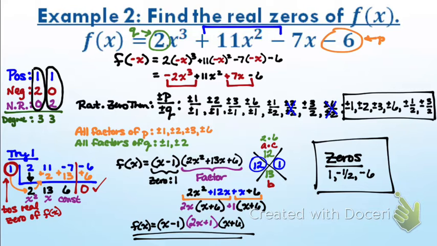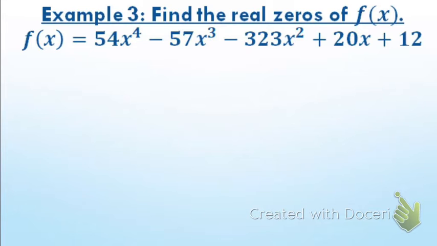Let's look at another example. We're going to find the real zeros for f of x. Let's start with Descartes' rule of signs. That's a little less intimidating.